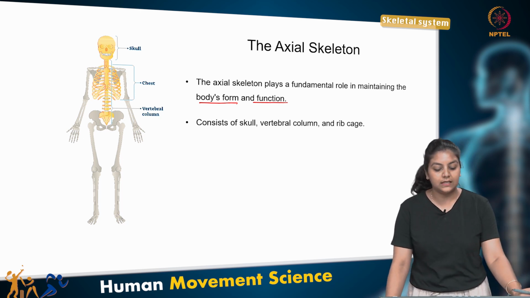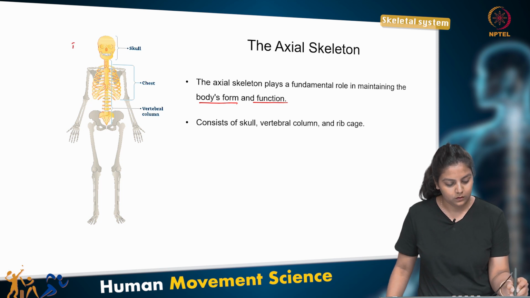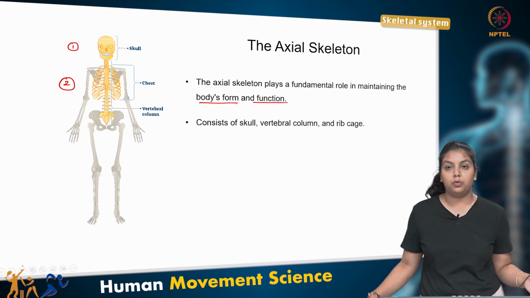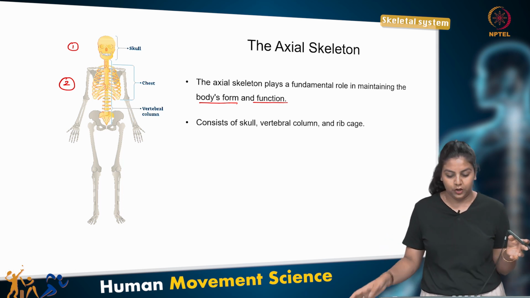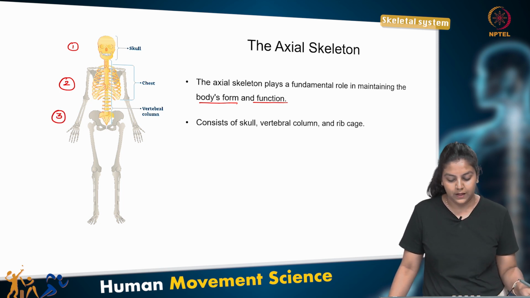So the axial skeleton consists of the skull, the rib cage that protects your lungs and your heart, so gives structural support, and then also our vertebral column that supports the spinal cord inside.